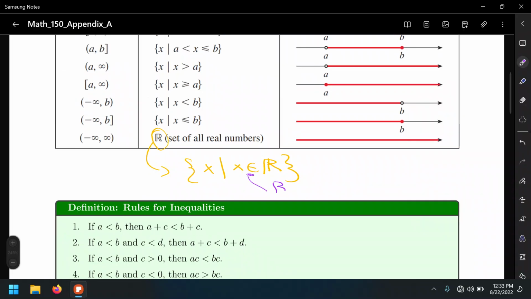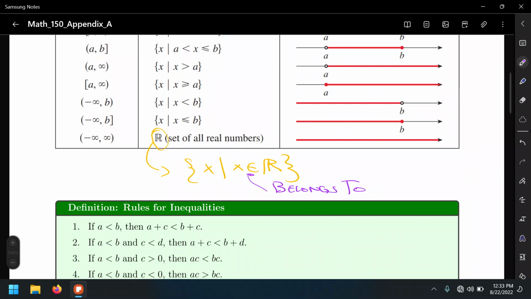This fancy symbol means belongs to. And the way we read this set right here is x such that x belongs to the set of real numbers.